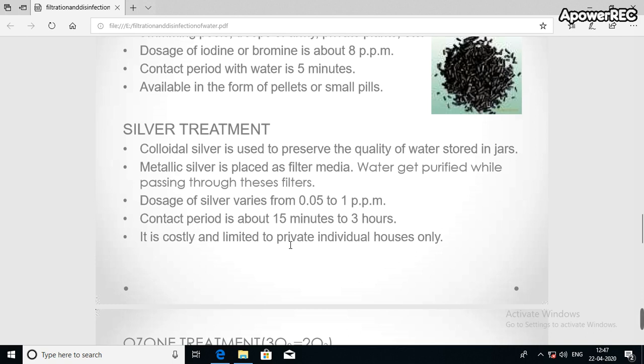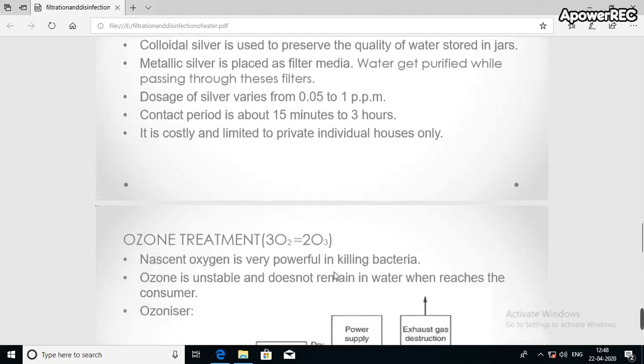That is because silver is one of the very important minerals inside our human body, which can also kill different types of infections. The dosage will be different for different disinfectants, and for silver it is around 0.05 to 0.1 ppm. However, silver is a costly material, so the usage will be limited.